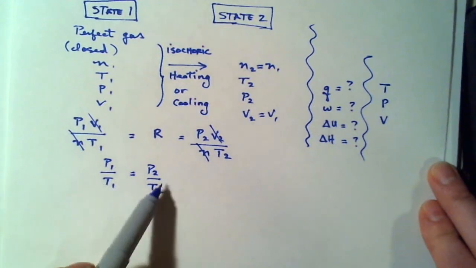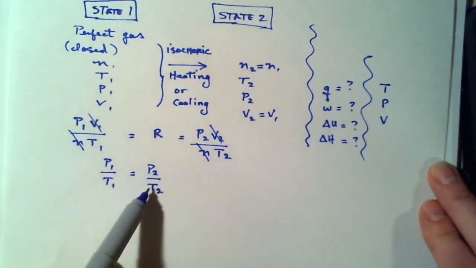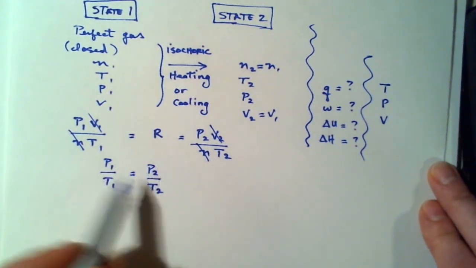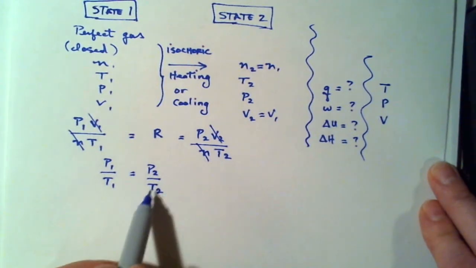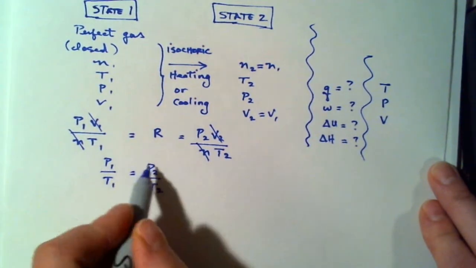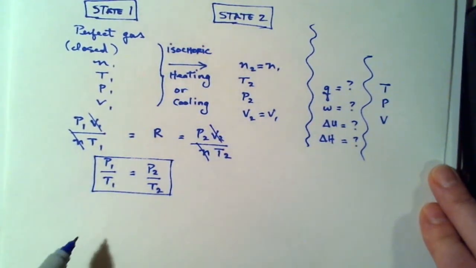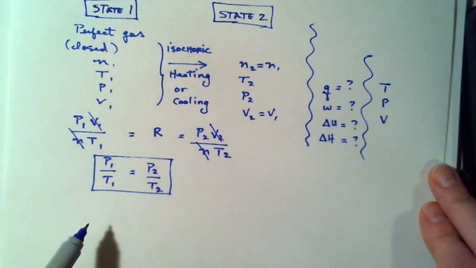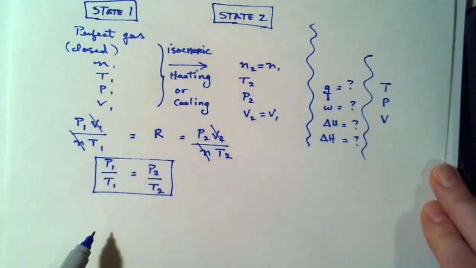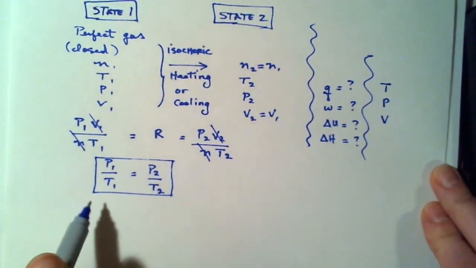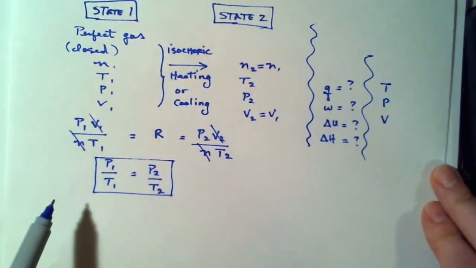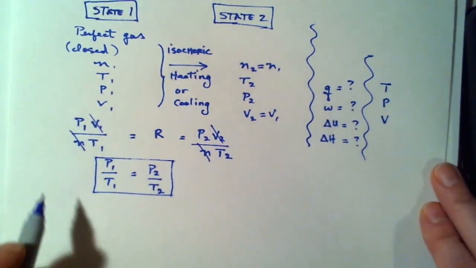So maybe I want to know what P2 is, and I would isolate for that. Maybe I want to know what the second temperature is. So this becomes my working formula to find either temperature or pressure. And if I know one and I'm asked to find the other, that would lead me to a delta T or a delta P as well.